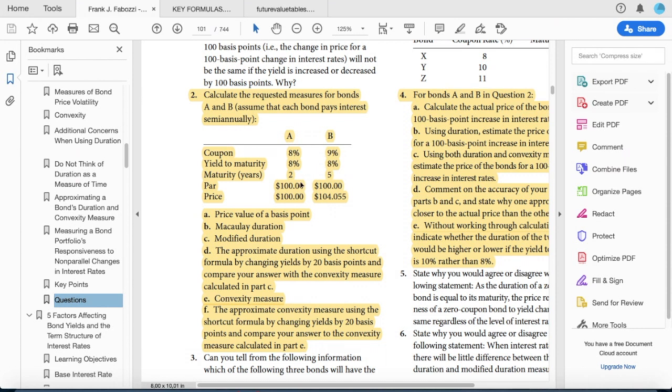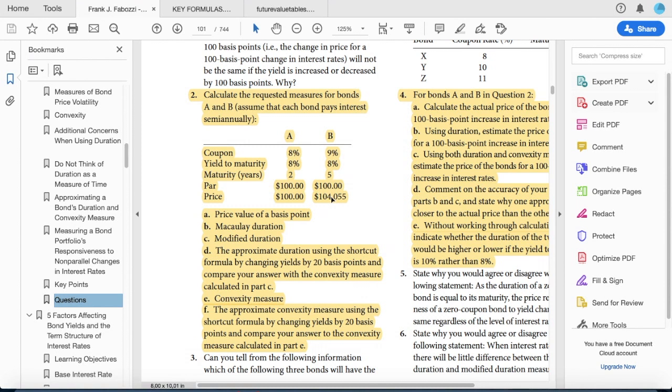The two bonds have a par value of $100 and the current price for A is $100 while for B it is $104.055. So the first question is the price value of a basis point. We mean by price value of a basis point the change in the bond's price following a variation of 1 basis point in the yield to maturity.